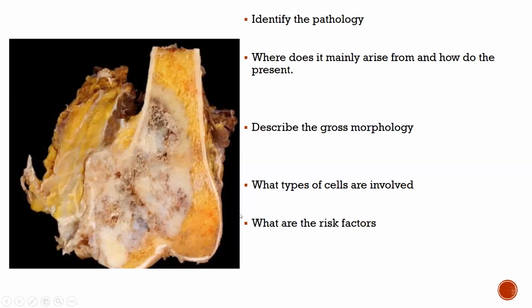It looks like the distal femur, if I'm not wrong, because of the size and how the condyles are coming. Okay, so what do you think is wrong with this diagram? There's a difference in color between these two. Okay, so this is how the normal medullary cavity looks. And if you see something like this, probably it's an abnormality, which is telling you something that should not be here. Okay.